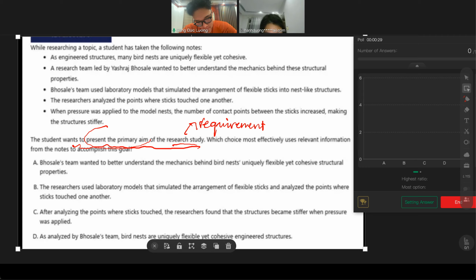Can you tell me why you pick so fast? Are you confident with your pick?